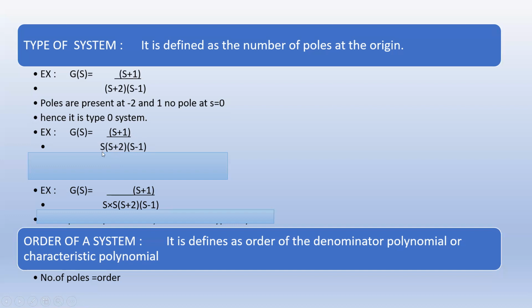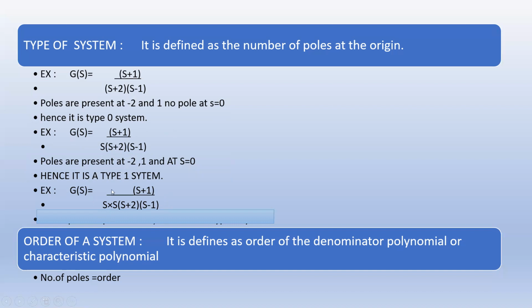Here we have a pole at s equal to 0. So systems with these types of transfer functions are called type 1 systems. A pole at origin will make it a type 1 system.